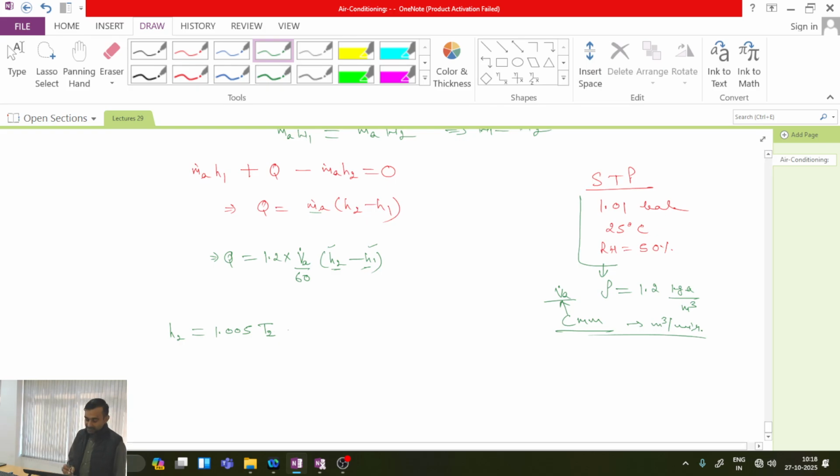plus the component associated with moist air. What is the component associated with moist air? W2 into 2500 plus 1.88 into T2. Correct?